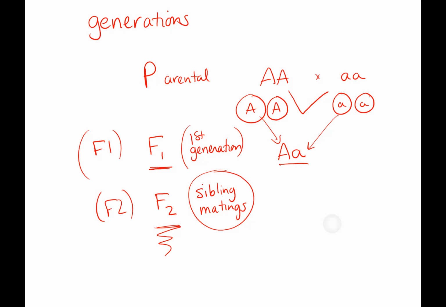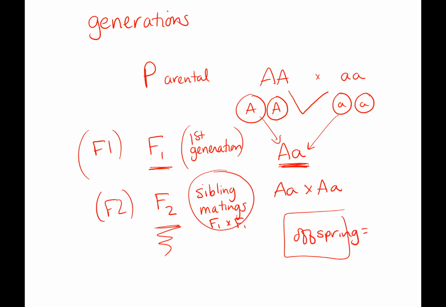So you would take one sibling that was big A, little a, and cross it with another sibling from the F1 generation that was big A, little a. And the offspring from that Punnett square equals the F2. So it's how we label the generations.